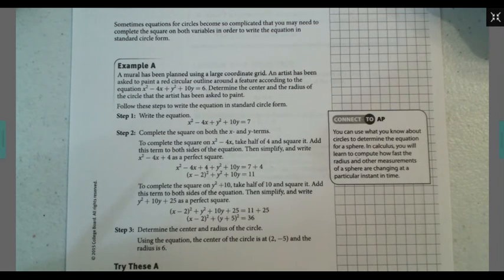To complete the square on x squared minus 4x, take half of 4 and then square it. Add this term to both sides of the equation, and then simplify and write x squared minus 4x plus 4 as a perfect square.